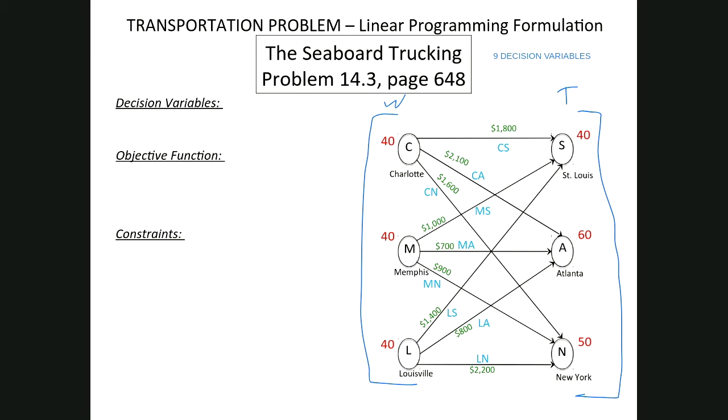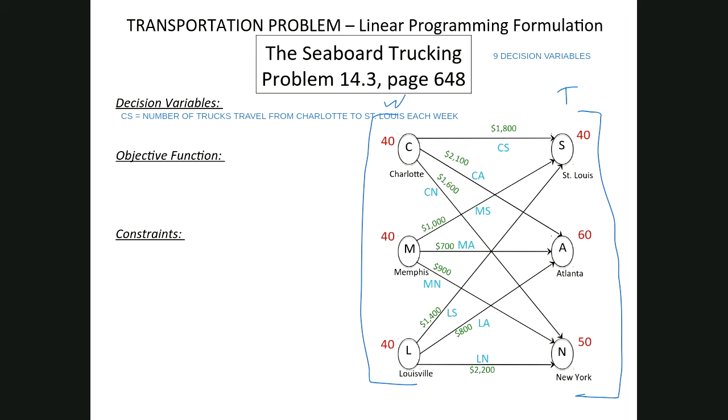So CS is going to represent the number of trucks traveling from Charlotte to St. Louis each week. And that's going to be one of our 9 decision variables.